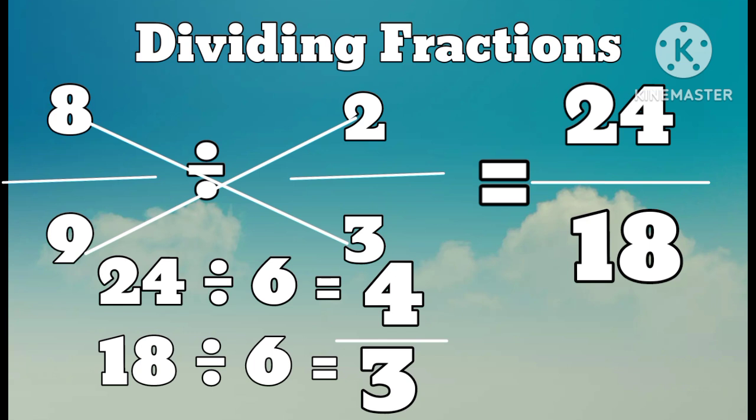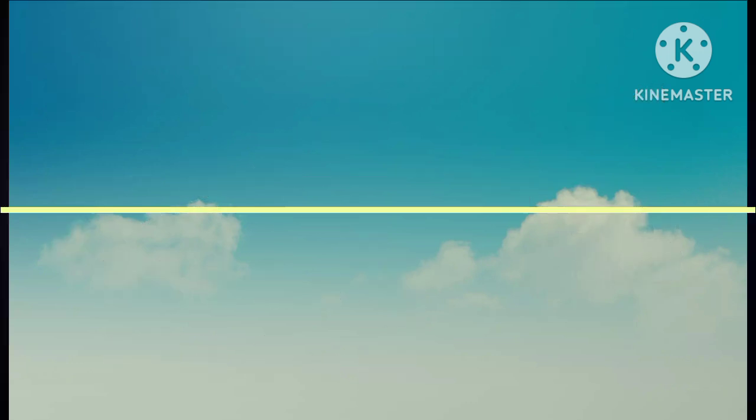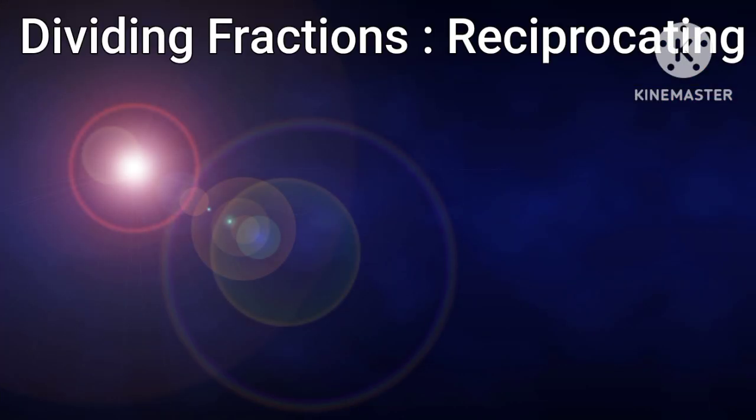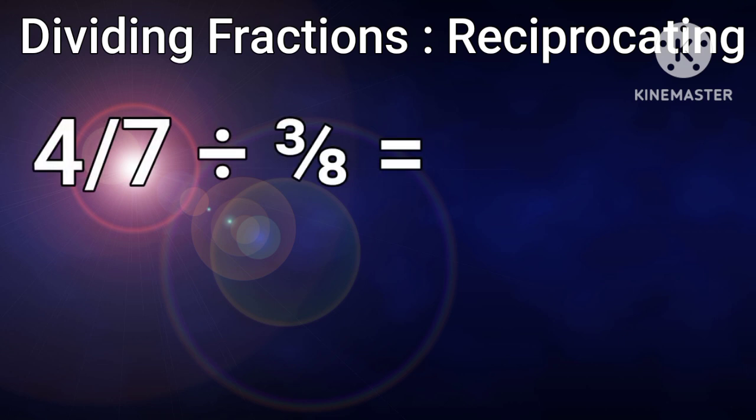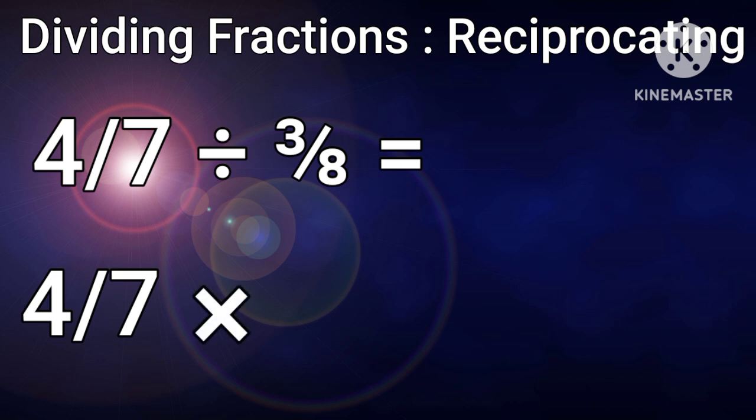Okay, let's try one more example, to be sure we got it. We're going to use both methods for this problem: 4 over 7 divided by 3 over 8. Let's first start with the first method, the reciprocal. 4 over 7 stays, change the sign into multiplication, and the reciprocal of 3 over 8 is 8 over 3.